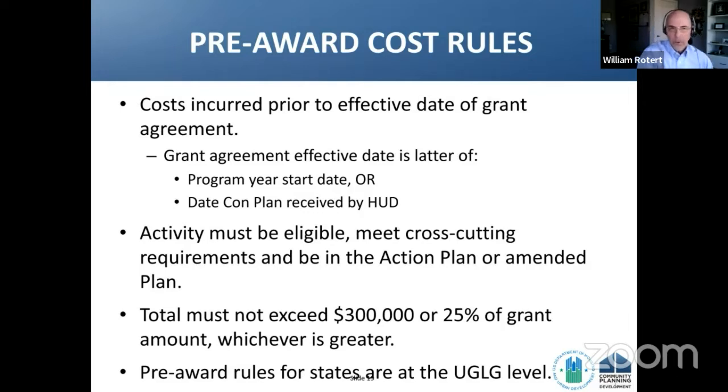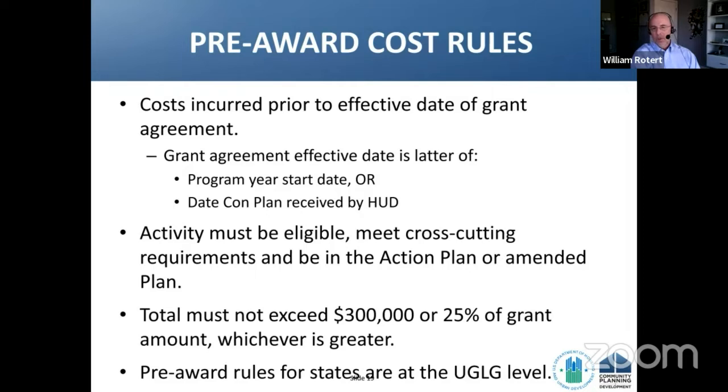The activity for which you want to be able to get reimbursed must be an eligible CDBG COVID-related activity, obviously. That activity must also meet all of the cross-cutting federal requirements that we'll touch on later on, things like the environmental review requirements and Davis-Bacon and the Uniform Act. And they must be in your action plan or your amended plan.